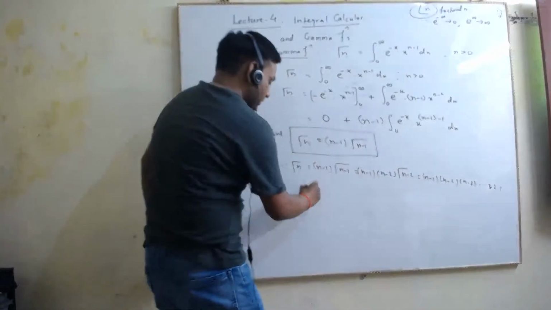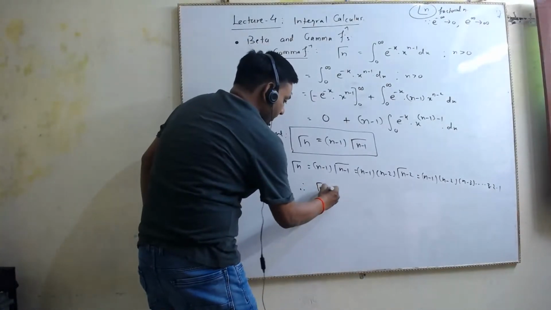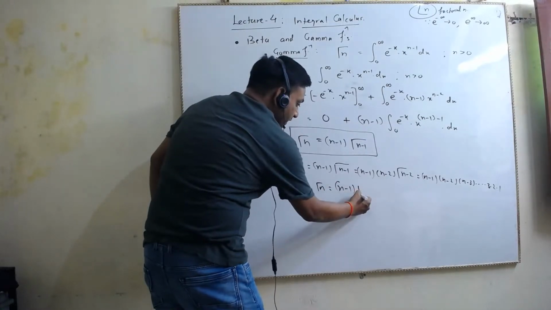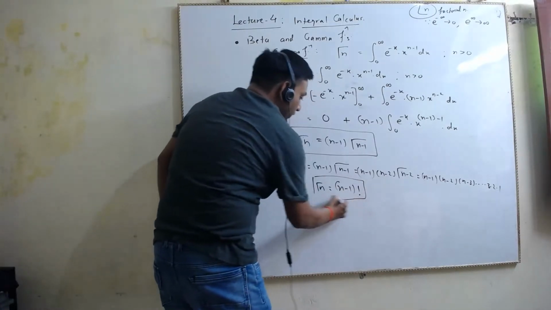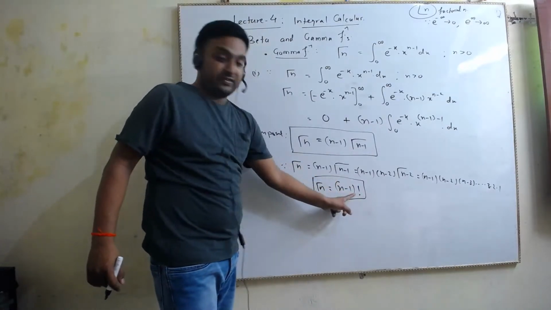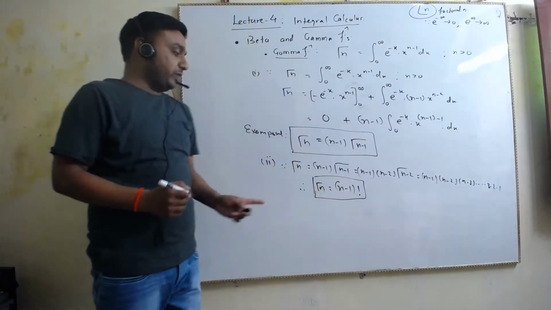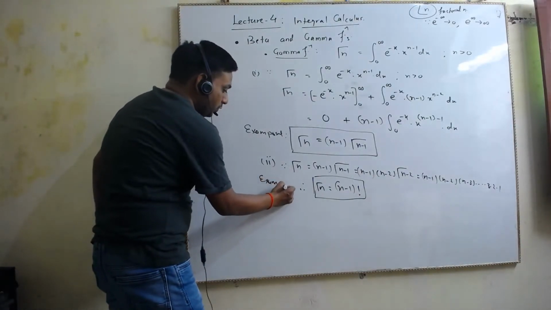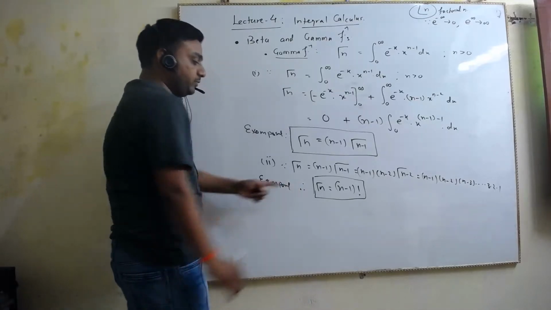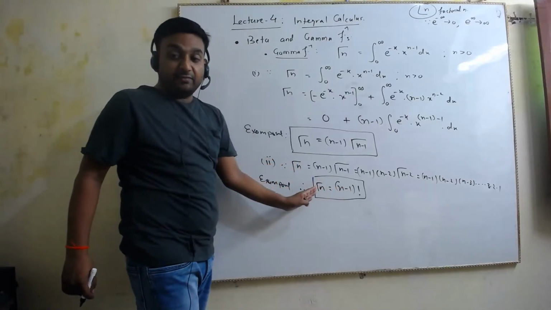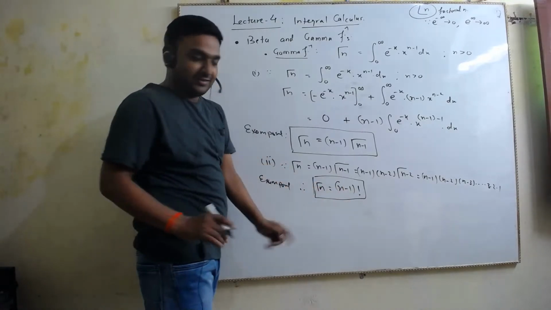So what you can get from here, gamma n is equal to n minus 1 factorial. Factorial has two representations. Either you represent it by this or by this symbol. So one more important point for us is, if you want to use gamma n in terms of factorial, gamma 5 will be 4 factorial, gamma 8 will be 7 factorial.